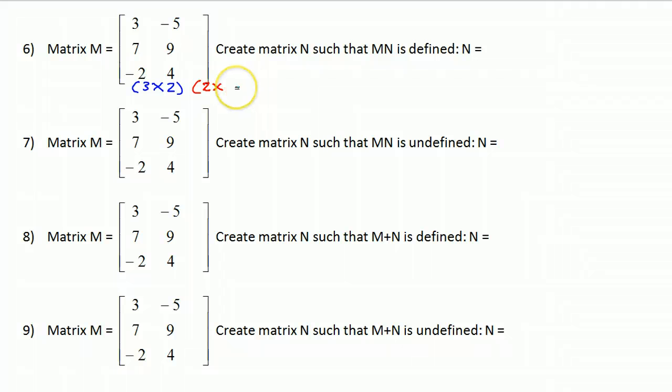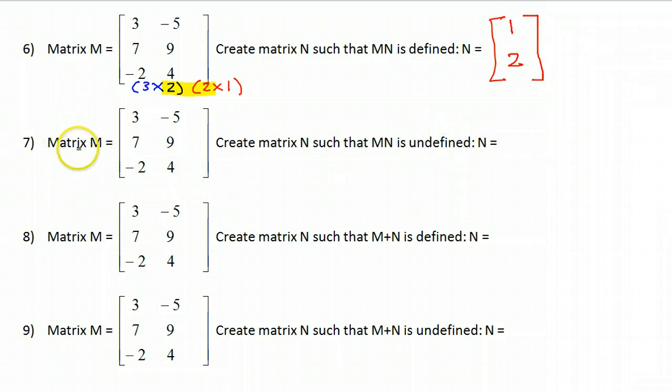It really could be 2 by anything. It could be 2 by 1. In fact, just to make it easy for me to write, I'm going to make it 2 by 1. That would do it because just the inner dimensions have to be the same. So here comes my 2 by 1 matrix N. 1, 2, boom. That would be an example.